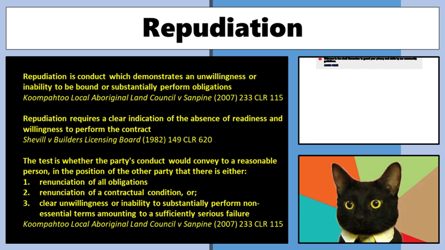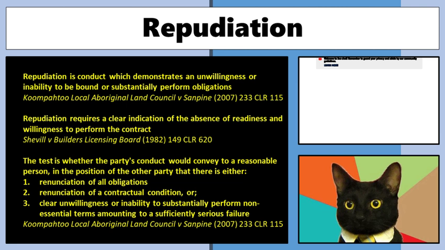Now, you have to be really careful. And the reason I say that is that if you treat the contract at that point as being repudiated by the other side, saying, hey, look, they've demonstrated to me an unwillingness to perform, I'm going to consider this contract at an end, I'm going to just give notice of termination.